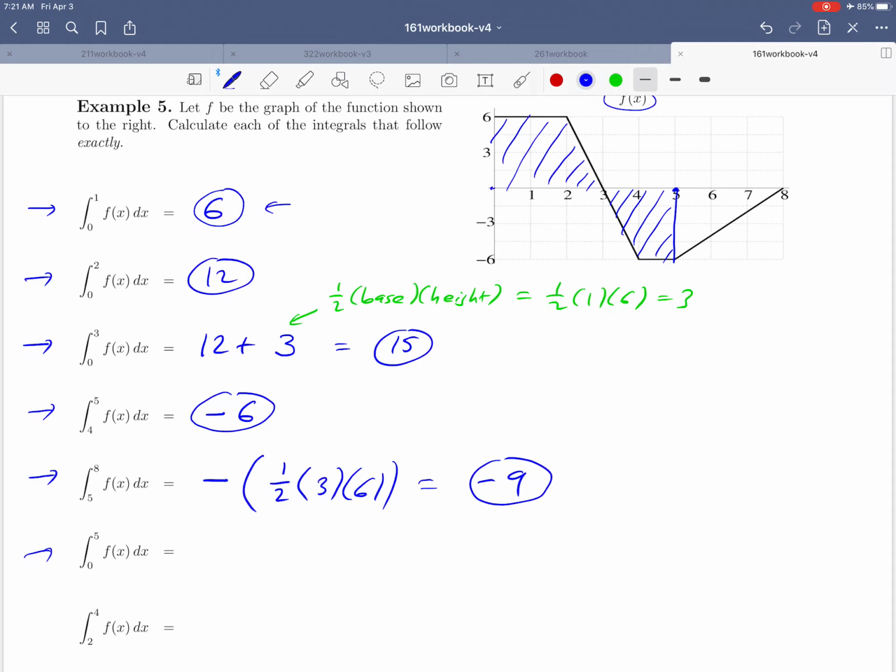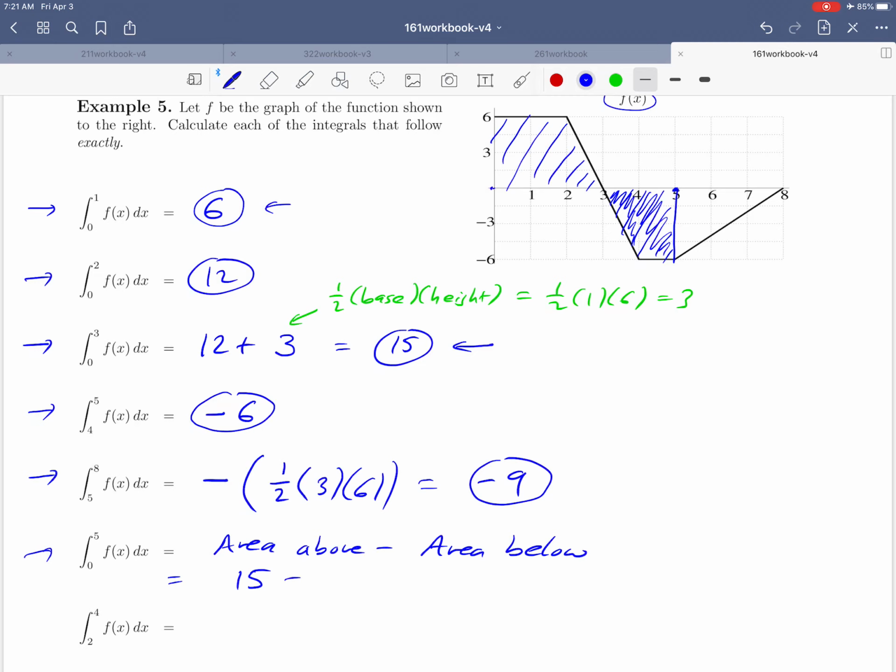So one way to think of this is just to think of it in two pieces, area above minus area below. And we already know from our previous calculations the area above would be the area from 0 to 3. That's actually this number up here, 15. And then what's the area below? Well, that would be the area of this triangle plus the area of this rectangle.